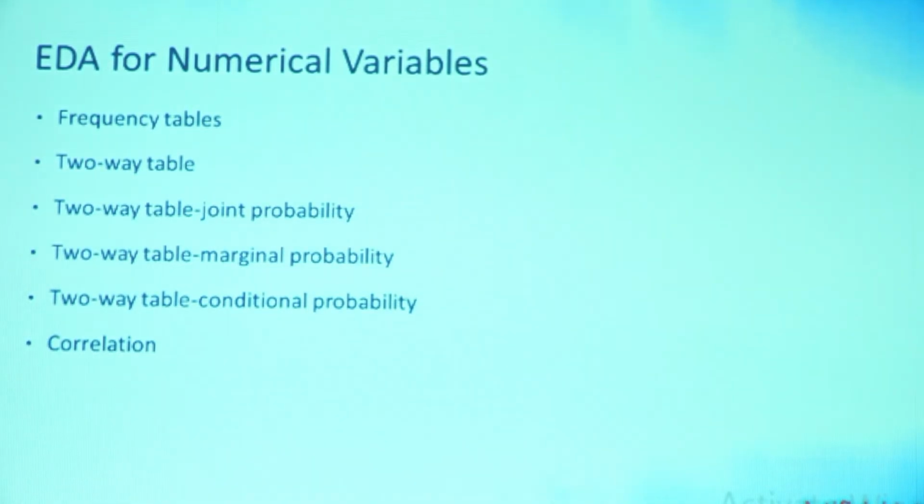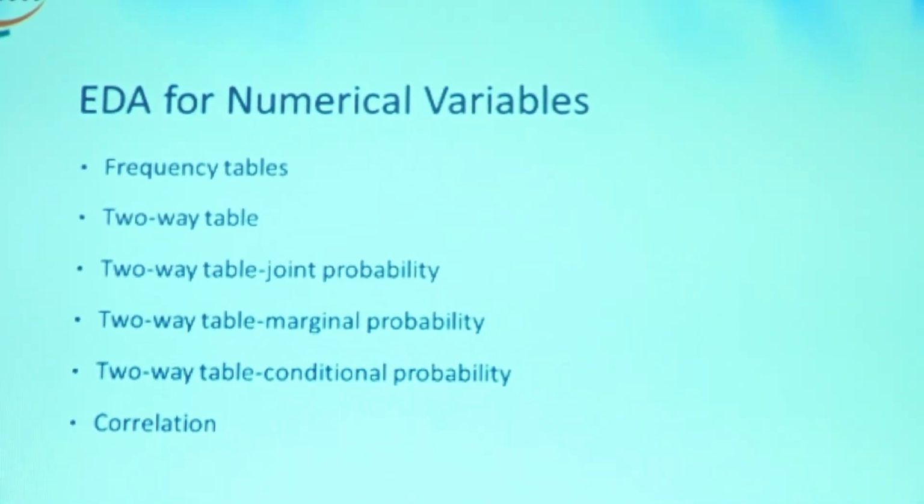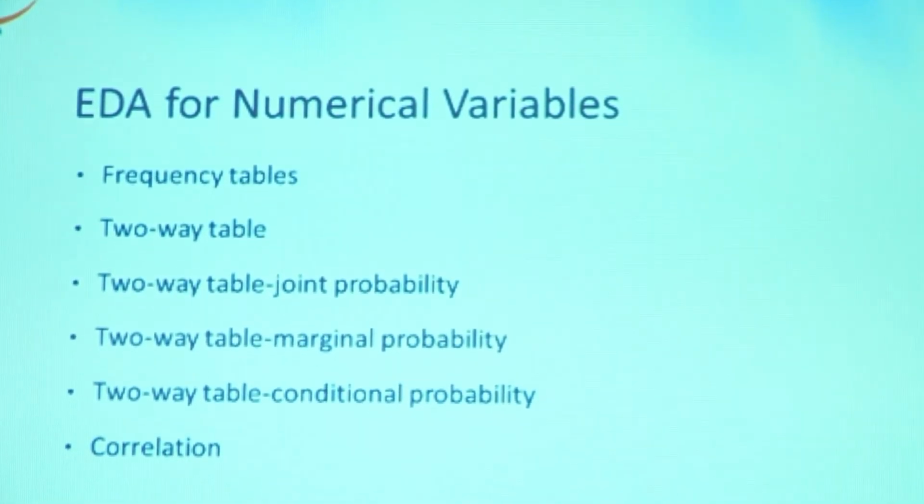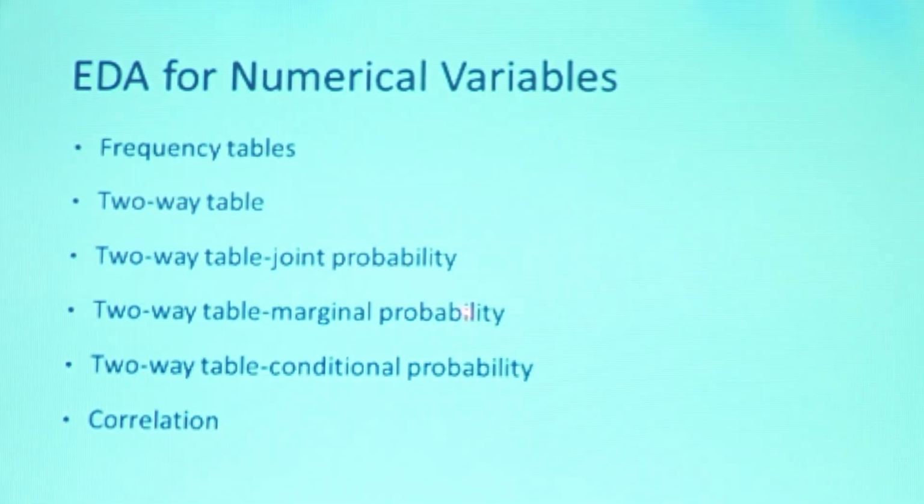Now, to understand outliers, we should know statistics, variance and probabilities. Why will you be learning probability as well? Probability, statistics and mathematics are the foundations of your data science. For exploratory data analysis of numerical variables, you will have to understand what a frequency table, two-way table, two-way joint probability, marginal probability, conditional probability and correlation are.